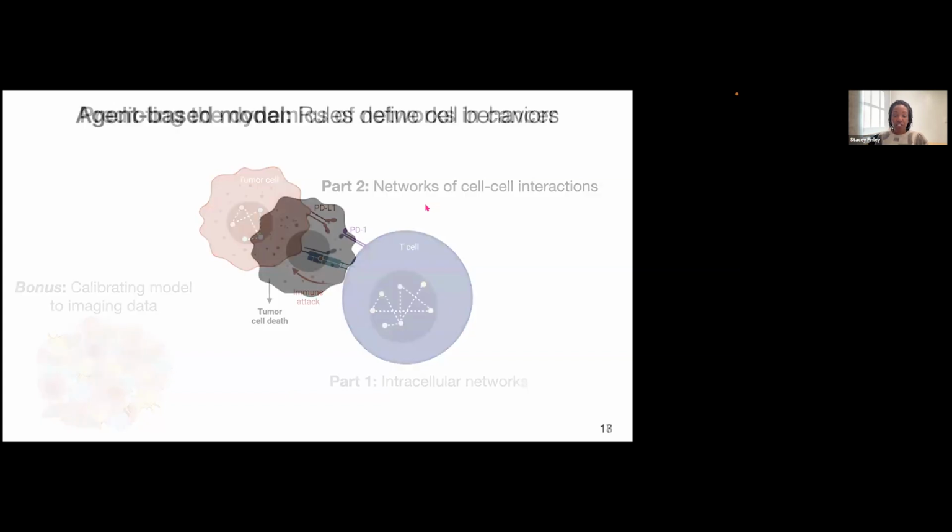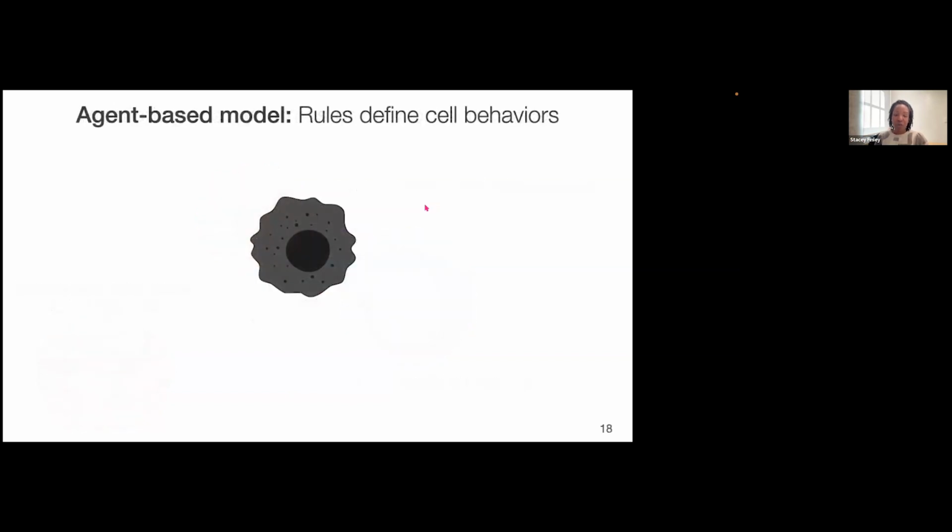So here I have to introduce another type of model, which is called an agent-based model. This is where we have autonomous agents, individual cells, whose behavior is defined by certain rules. So we might have a rule that says, oh, a cell can proliferate after a certain amount of time, representing the cell cycle length.